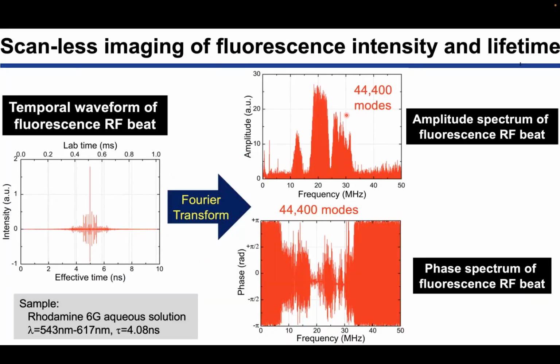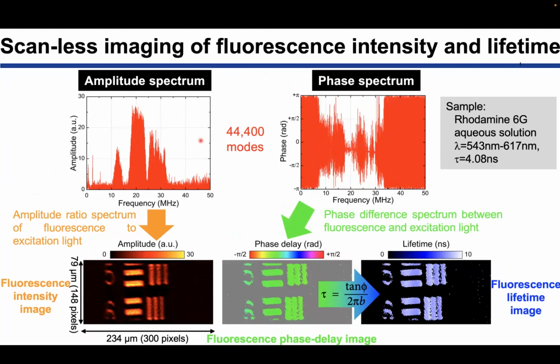Also, the spectral envelope reflects image information of the fluorescence intensity and fluorescence lifetime. Then we calculated the amplitude ratio spectrum of fluorescence to excitation light. Based on the one-to-one correspondence between the RF beat and the image pixel, the fluorescence intensity image is reconstructed like here.